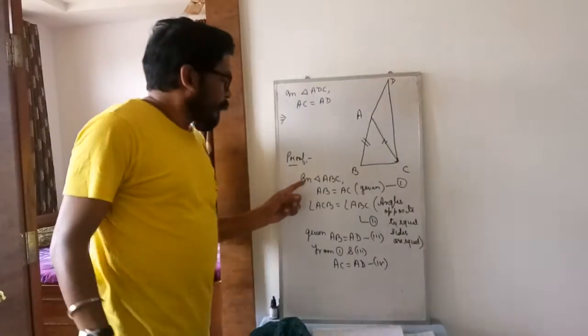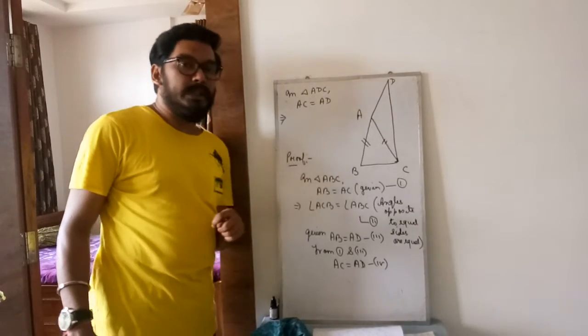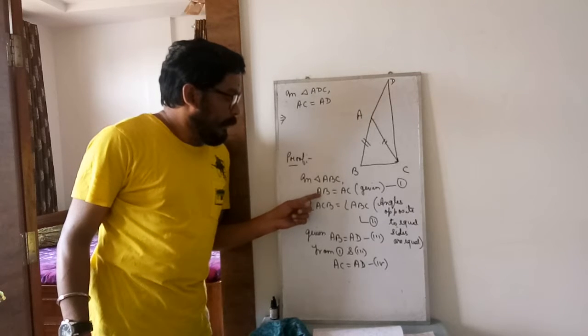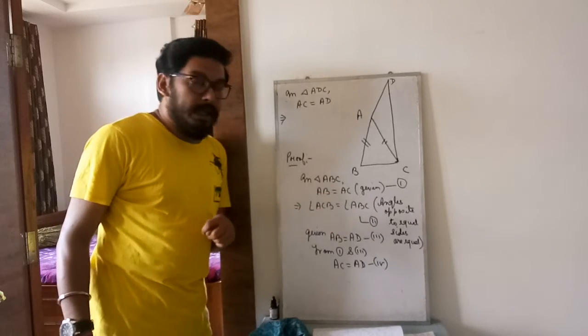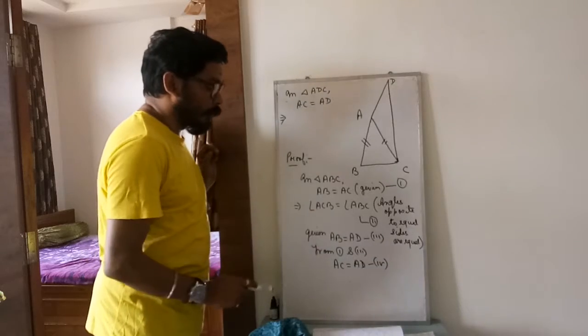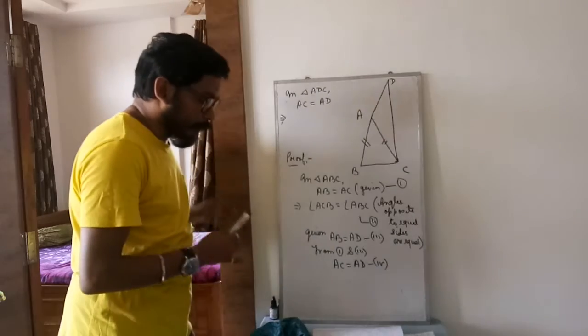I repeat again. What was given in triangle ABC: AB equal to AC. So you have written here, opposite of side AB the angle is ACB, and opposite of AC the angle is ABC. This is equation 1, equation 2. Next, in the question they have given AB equal to AD.